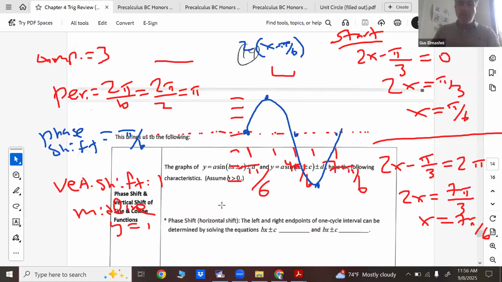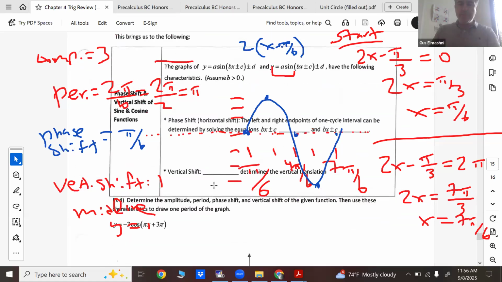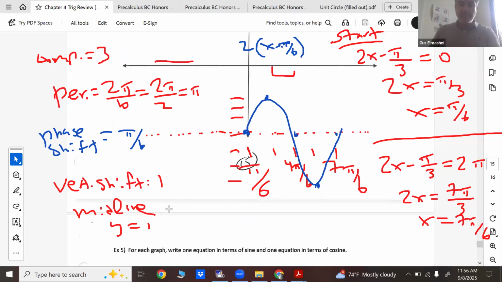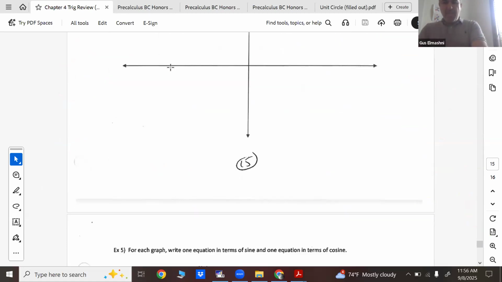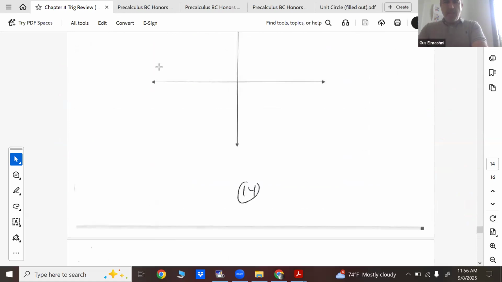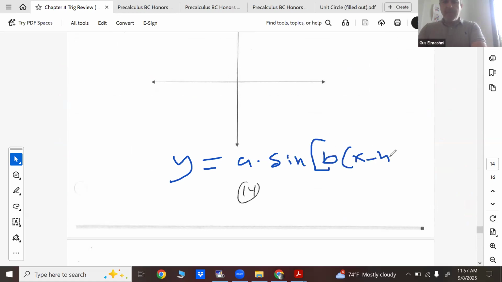But what you want to be present to is this formula here, which I kind of don't like how that's written. I personally write it like this: y equals A times sine or cosine, bracket B, x minus H. That's how I personally write it.